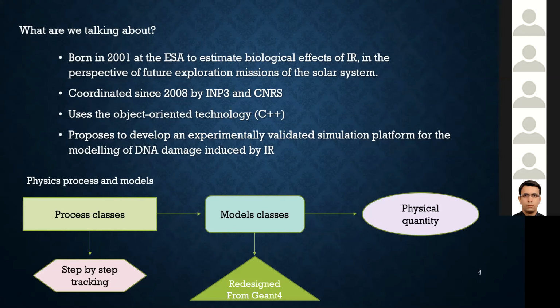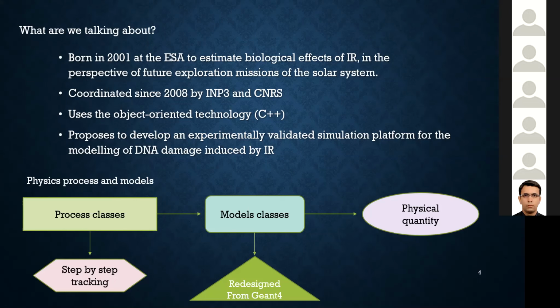The structure of these physics processes in Geant4-DNA is classified in classes. We said we are using object-oriented technology, so we are working with classes. We have process classes, and these have specific model classes in order to obtain a physical quantity.